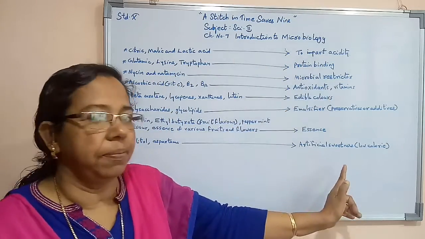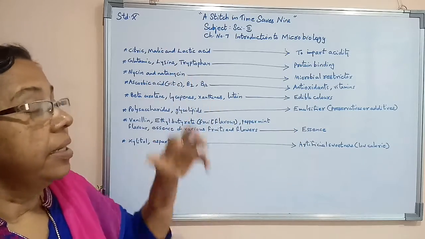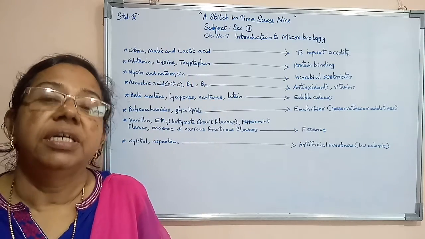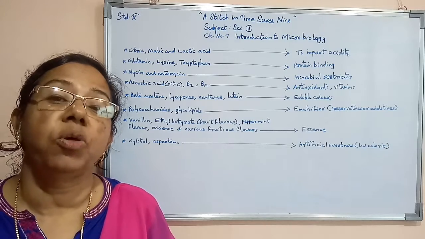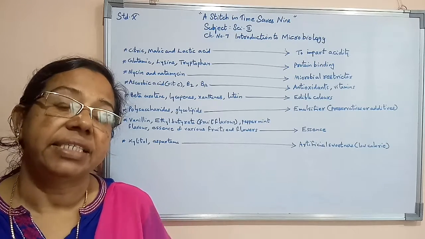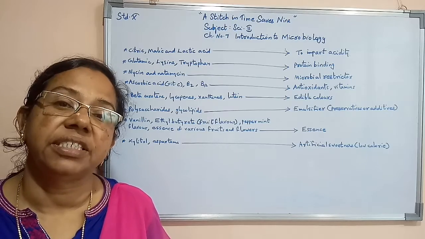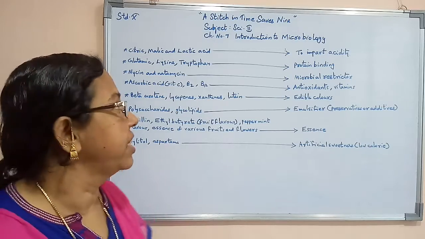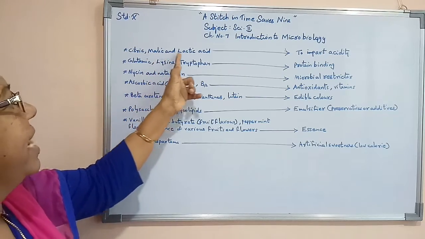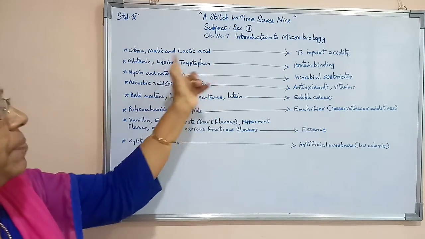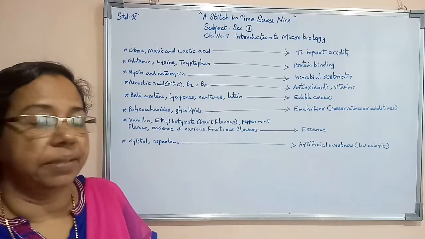That is given here. Because of microbial processing, various substances are produced. Now let us see. Citric acid, malic acid as well as lactic acid are produced by microorganisms.